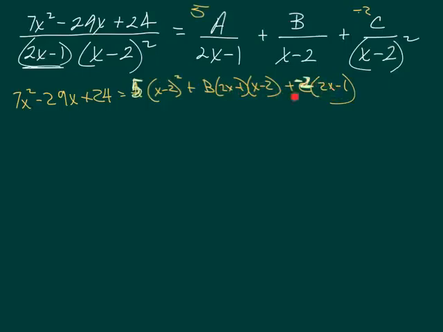I can't put 2 in here either, because that'll make this b go away. So I need to put in a number here for x that will keep the b, but will make it easy for me to solve this whole thing. And I can put any number I want in here for x. Does not matter. So I'm going to pick a number that's a little bit easier. So I'm going to put 1 in for x, because that'll just make it easier all the way across the board.